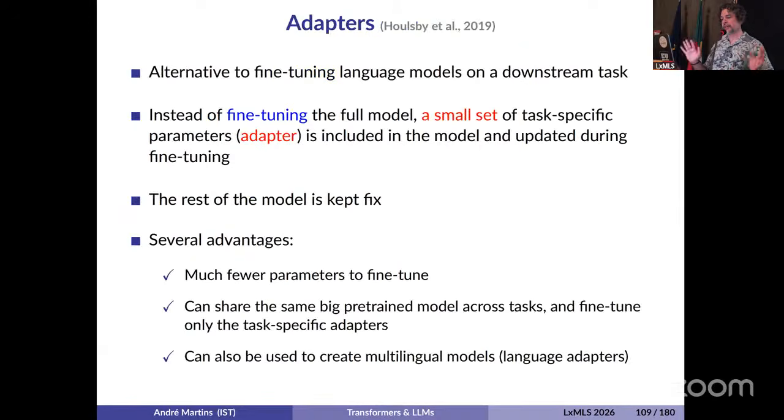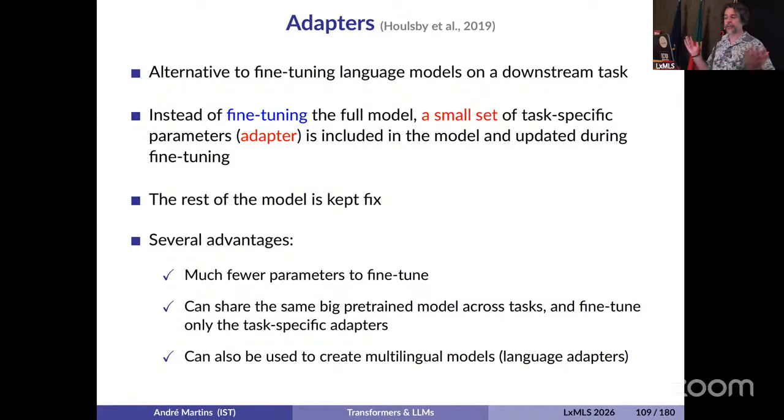A lot of research followed on parameter-efficient fine-tuning using things like adapters. The idea is, instead of fine-tuning the full model, we can train only a small set of task-specific parameters called adapters, and freeze the other parameters of the model without touching them.